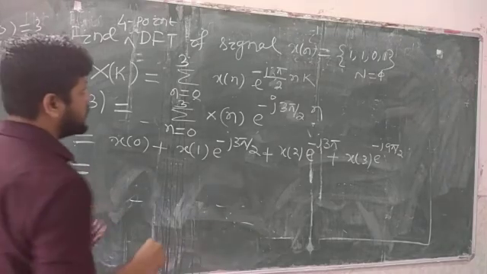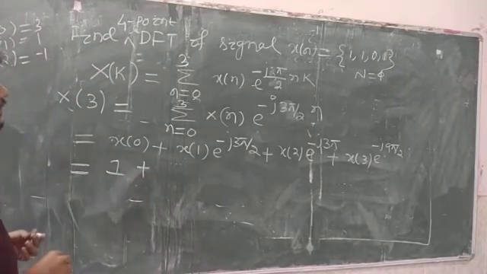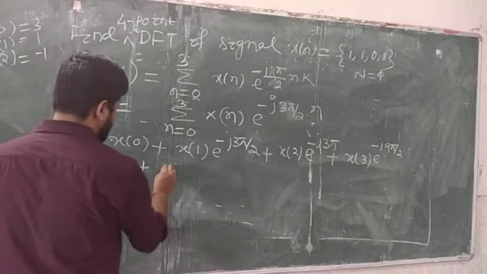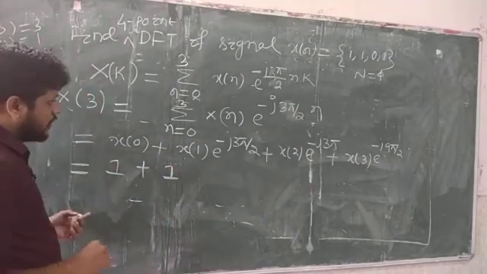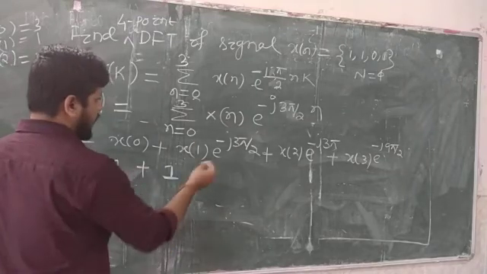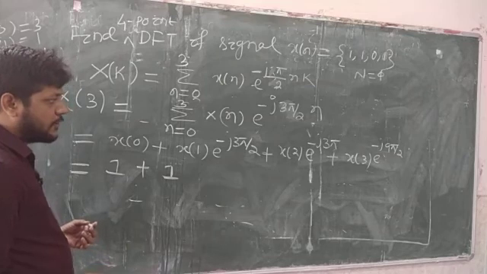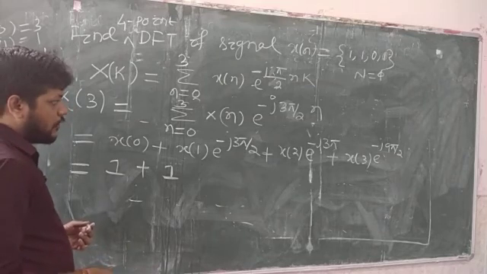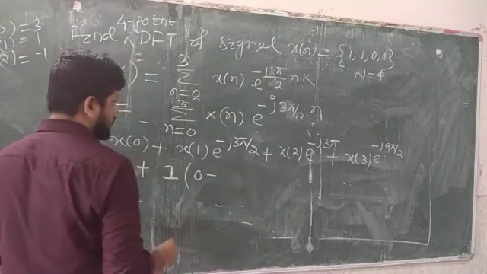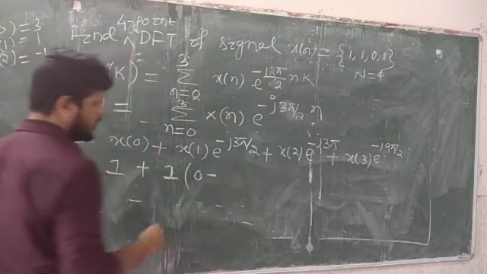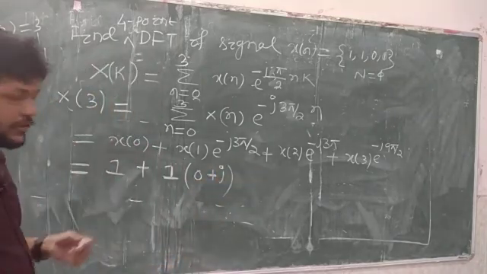Then we have to write here x of 0. The value of x of 0 is 1, plus the value of x of 1 is 1, and then we have here again we have to open this e to the power minus j 3 pi by 2, that is cos of 3 pi by 2 minus j sin 3 pi by 2, and cos 3 pi by 2 value is 0, and we have here 0 minus, again minus of 3 pi by 2, that means plus j, because sin 3 pi by 2 value is minus 1, and minus minus is plus j.